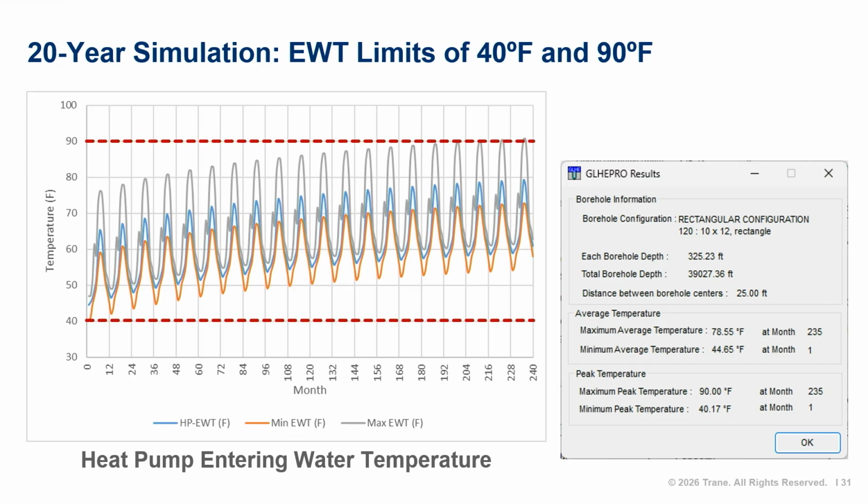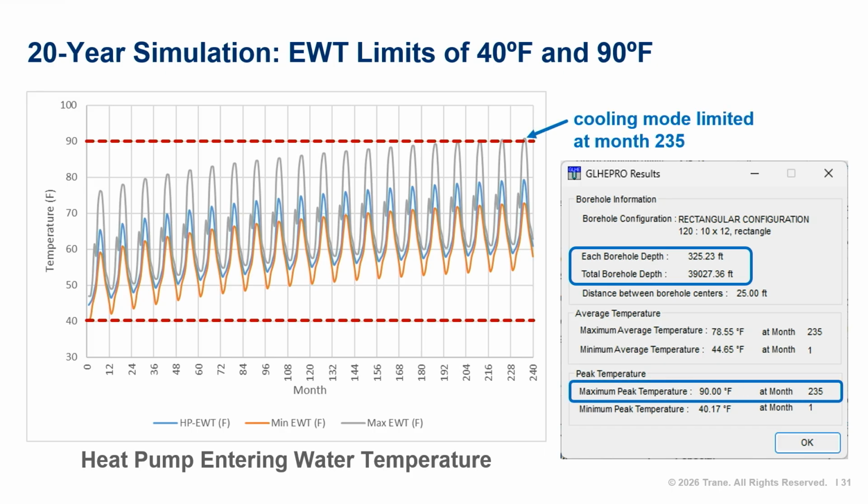The heat pump entering water temperature limits are set at 40 degrees and 90 degrees. The borefield sizing software calculates a total depth value needed to stay within these temperature limits for the specified window of time. In this example, we touch the upper limit at month number 235.